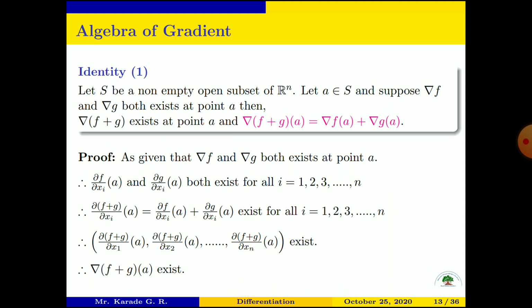So first consider the first identity 1. Let capital S be a non-empty open subset of Rn.